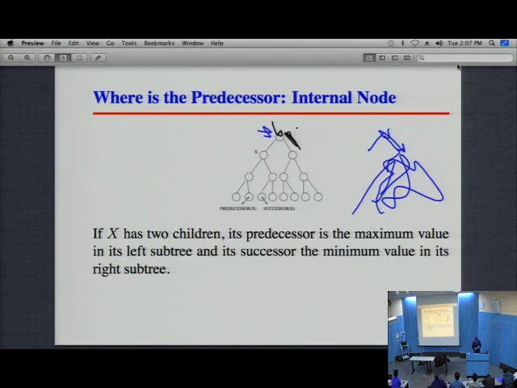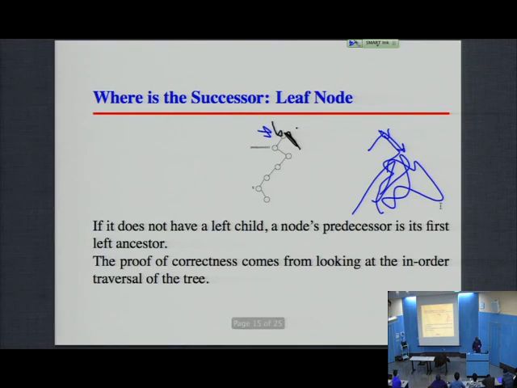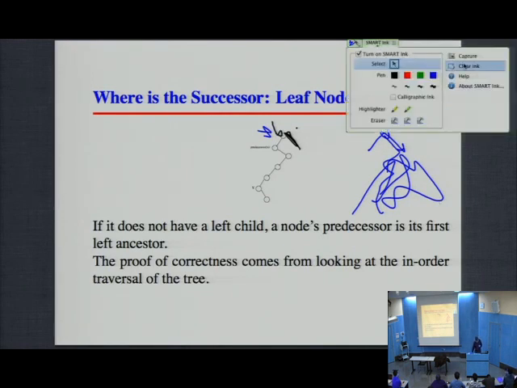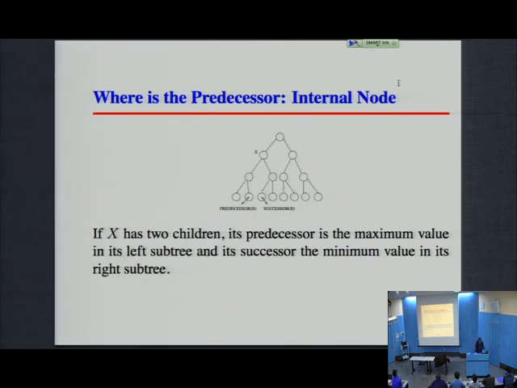The real question that's a little tricky is, what about a leaf node? Let's come back. If I take a look at my tree, what is the predecessor of this red node? Where can it be?